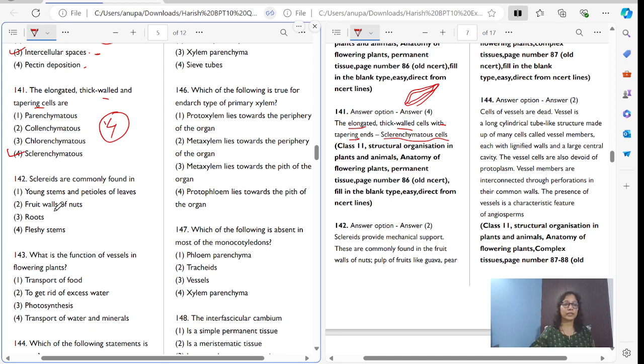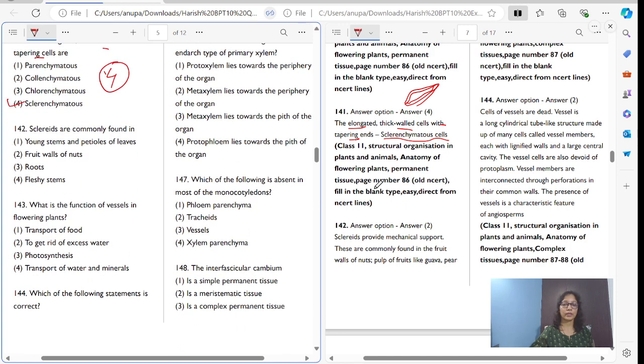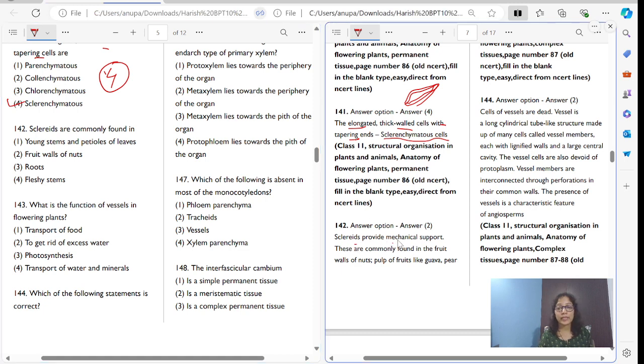Now let's move to the next question, that is question number 142. It states that sclerites are commonly found in option A, young stems and petioles of leaf, fruit walls of nut, roots, or fleshy stems. So we know that sclerites provide mechanical support. They provide mechanical support, hence they are commonly found in the fruit walls of nut.